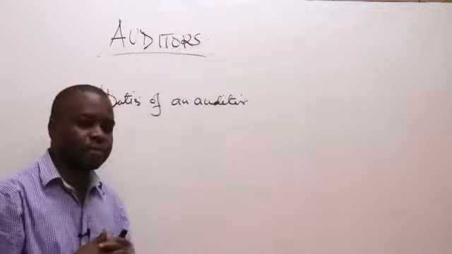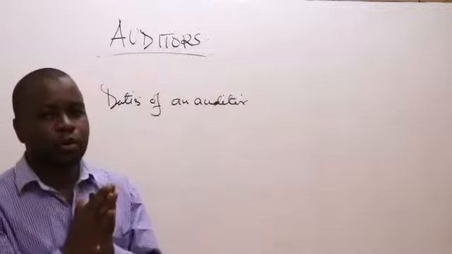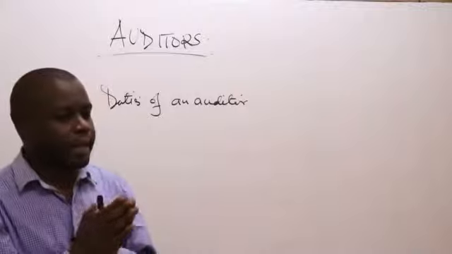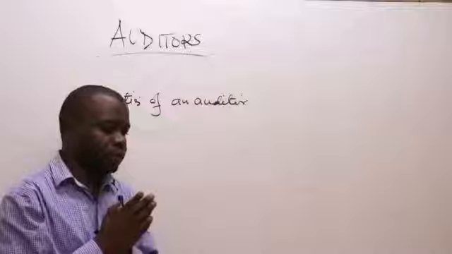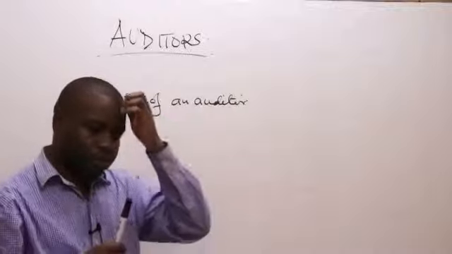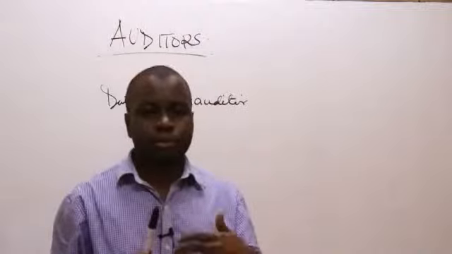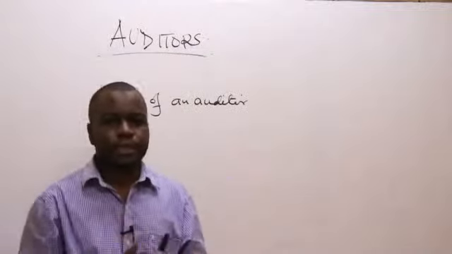Then he must be able to ensure that he's following all those particular rules as outlined by the Accountants Act. Because when you're practicing as an auditor, you must ensure that when you are carrying out your work, you meet certain professional standards.